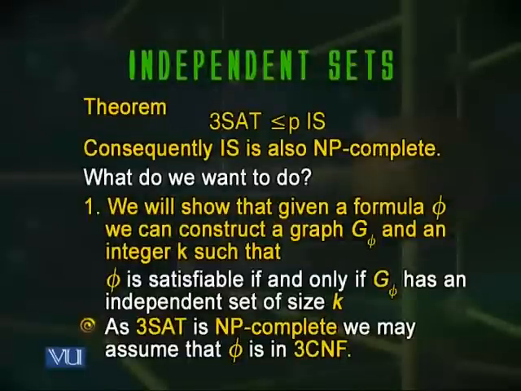So phi is a formula which is in conjunctive normal form, and every clause has 3 literals. So you see, because we are using 3 SAT, we get to assume something about our Boolean formula, which is the input. If I would have instead chosen to reduce 3 SAT to independent set problem, then I could have not made this assumption.